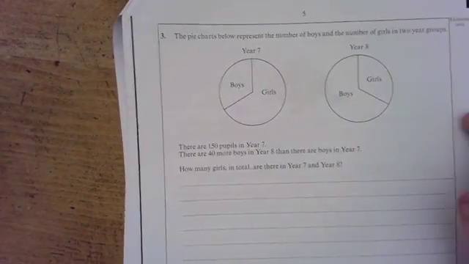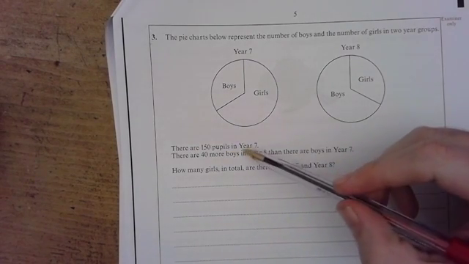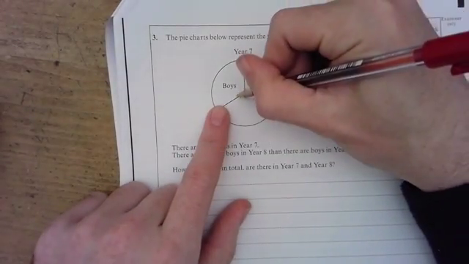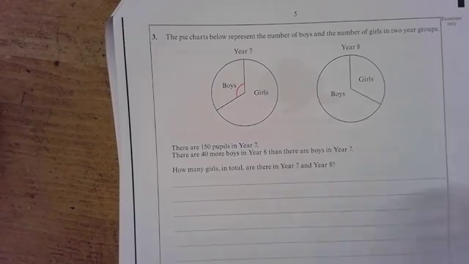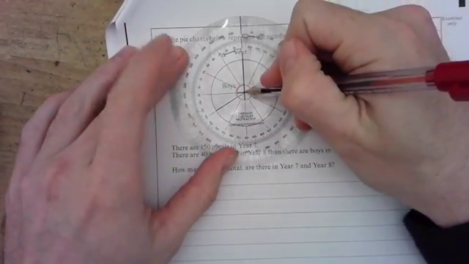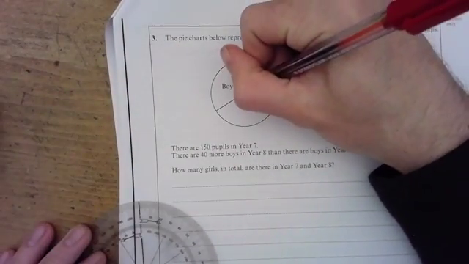Question number 3, it says the pie chart represents the number of boys and girls in 2 year groups. There are 150 pupils in year 7. Now, what you need to do is measure that angle. I have got an angle measure with me, excellent. Okay, so with the angle measure, I can see using the inside scale that is 120 degrees.